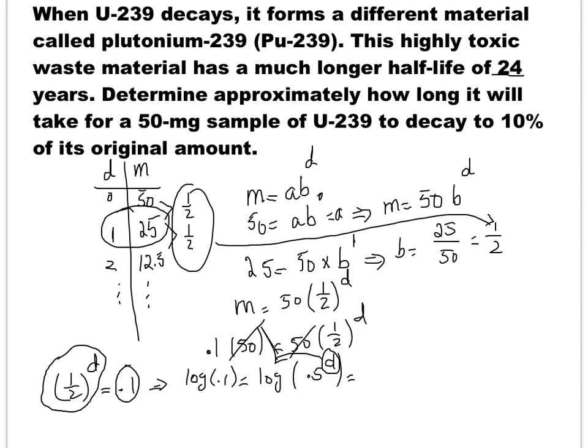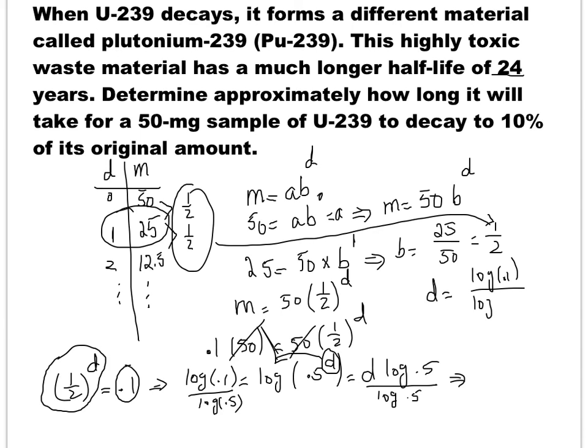So I'm going to get D log 0.5. To find D, I'm going to divide by log 0.5. So from here, I'm going to get D is equal to log 0.1 divided by log 0.5.